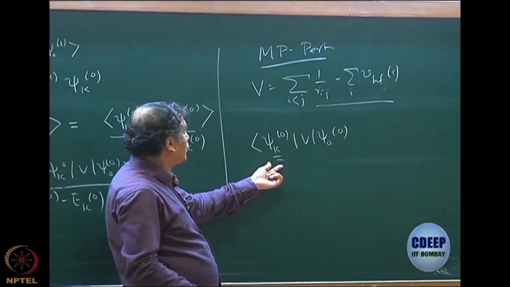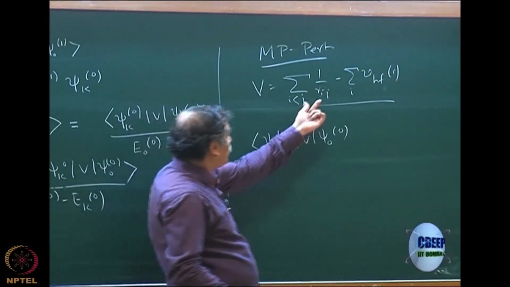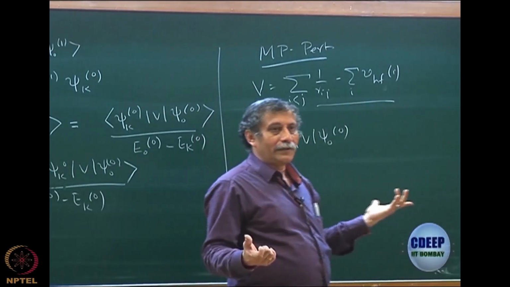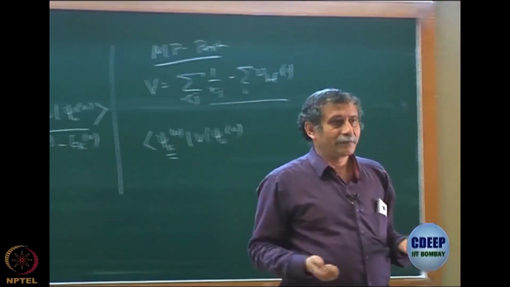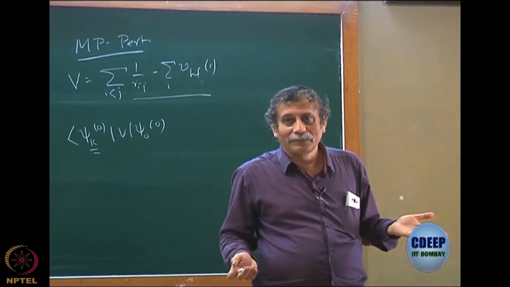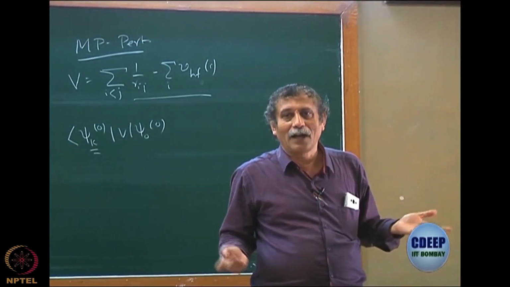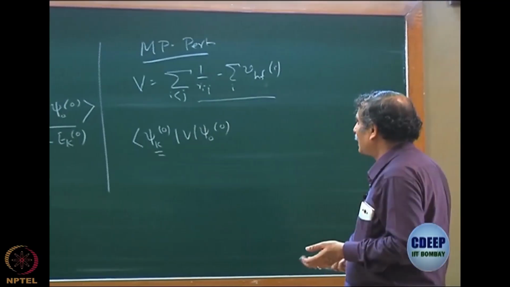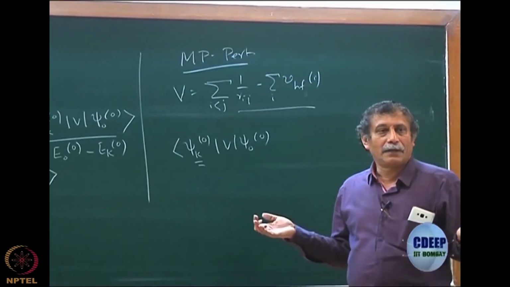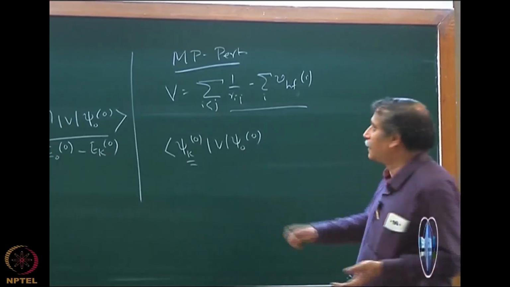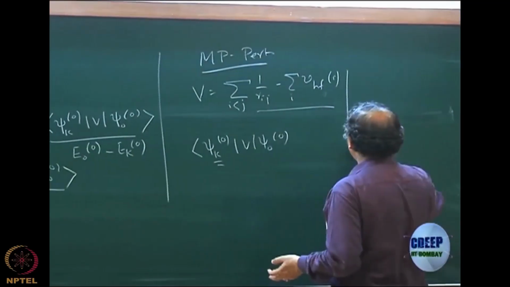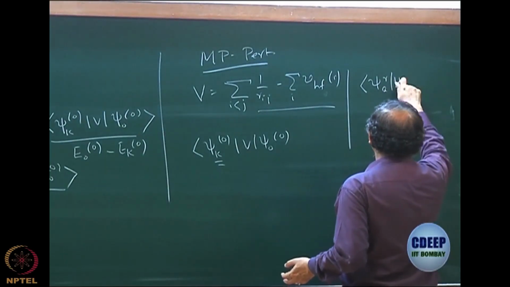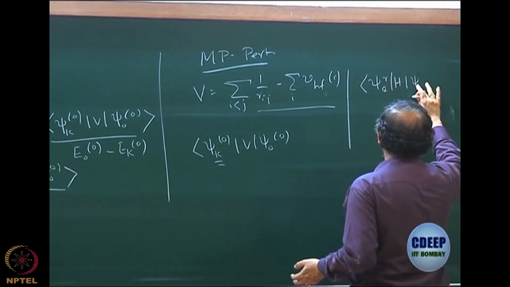What is the argument? For 1 by Rij, why can it not come? It can come, right? Both of them will come, but there is a cancellation, and that is the statement of Brillouin's theorem: any psi singly excited H psi 0 0, the Hartree-Fock, is 0.